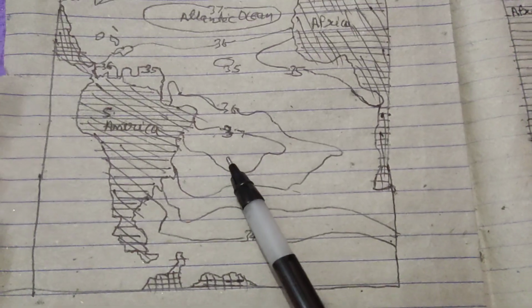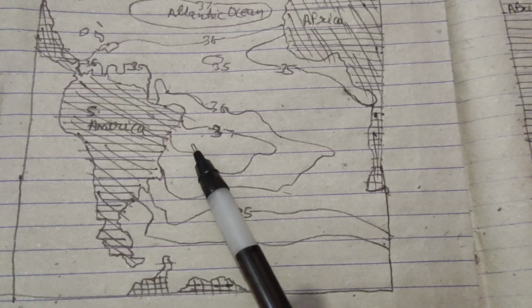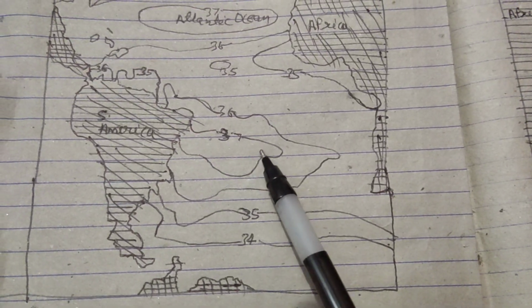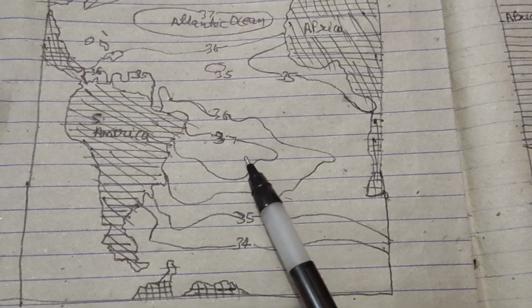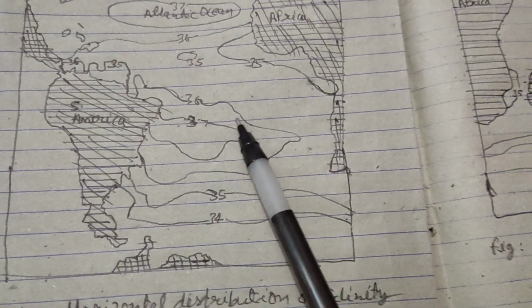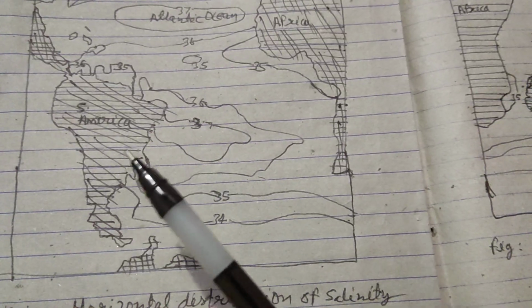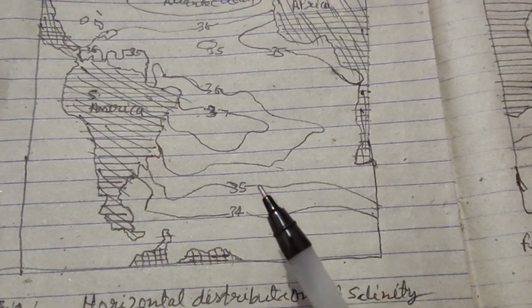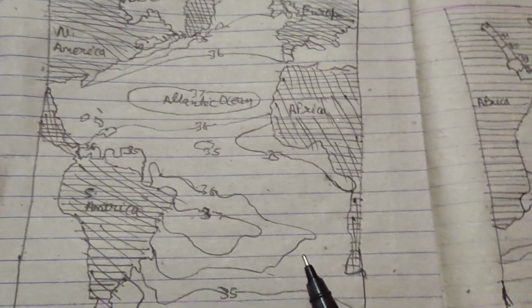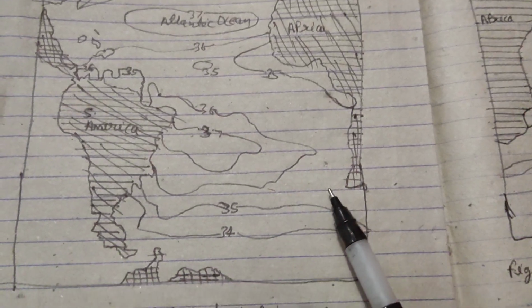Because of the warm Brazil current, therefore temperature is high, therefore evaporation is high. High temperature means high salinity, and low temperature means low salinity.